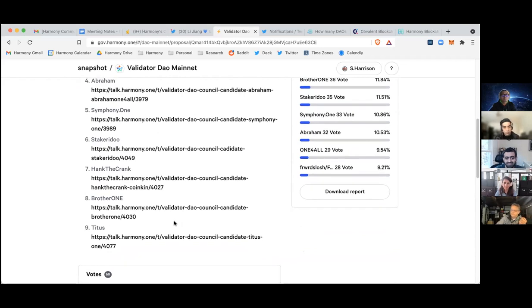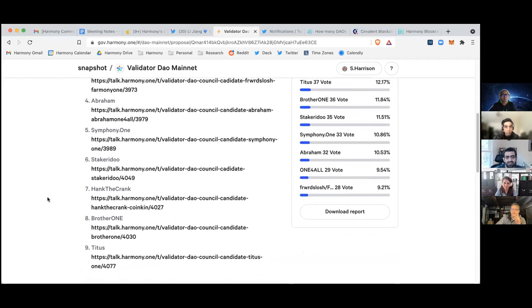There's one thing that we are trying to manage with the Validator DAO versus Harmony Improvement Protocol messages, and I'd like to get your opinion on this. When it comes to Validator DAO votes, they normally should be taking place on the Validator DAO snapshot.